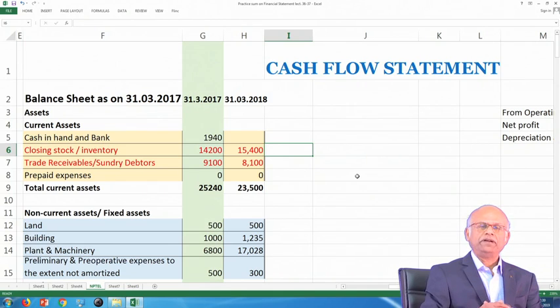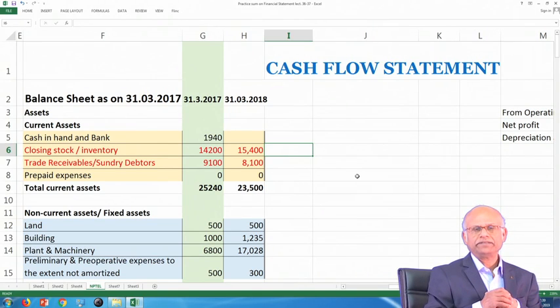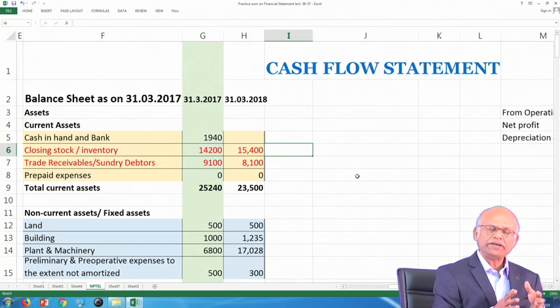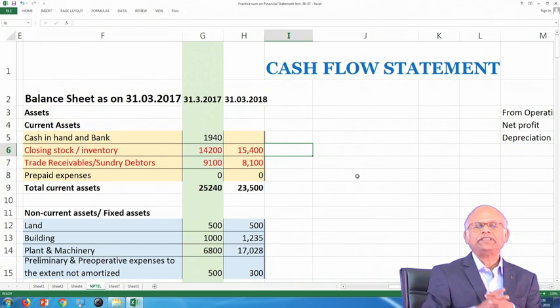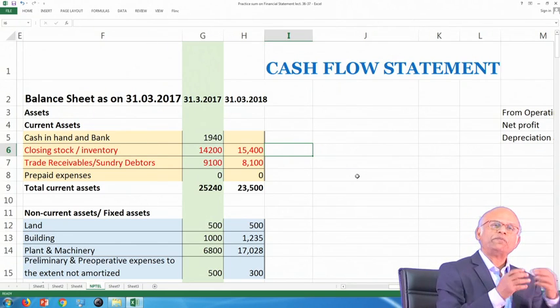Similarly, trade receivable. Receivable means you have sold stock and are yet to get the money. Suppose the receivable was 100 yesterday and today it is 200. That means receivable has gone up by 100. Where does this receivable come from? This has come from sales, and sales have come from manufacturing.